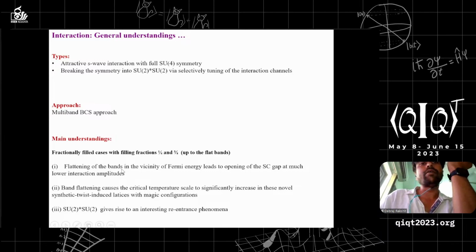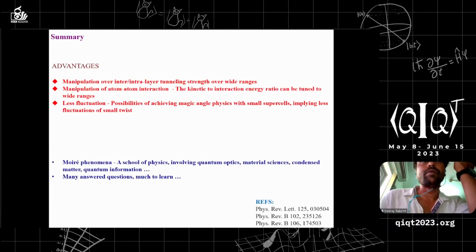And the flattening of the bands in the vicinity of Fermi energy leads to opening of a superconducting gap. So that's the first observation. Second observation is that band flattening causes the critical temperature to significantly increase. And then there are other things like that.